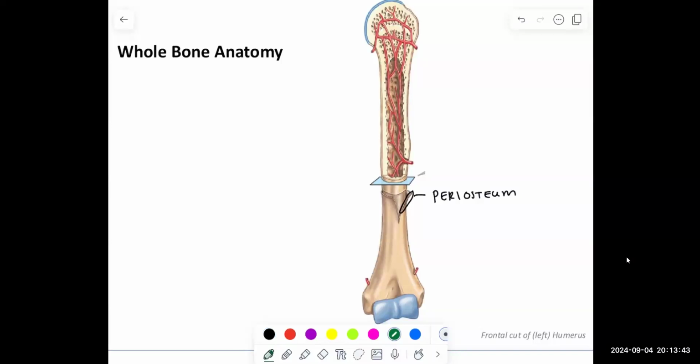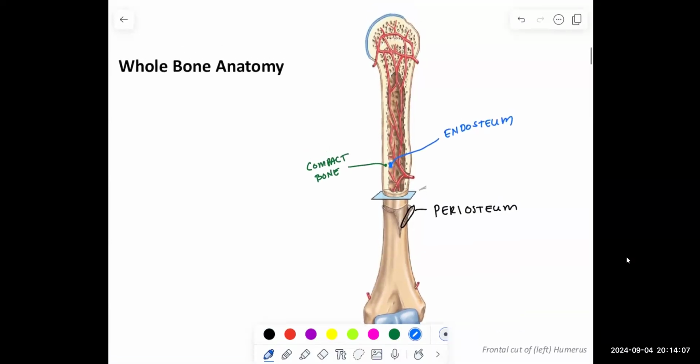This yellow layer, that is the compact bone. And you can barely see a very thin layer of brown inside. That is the endosteum.